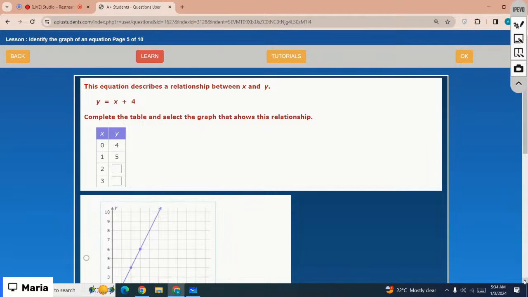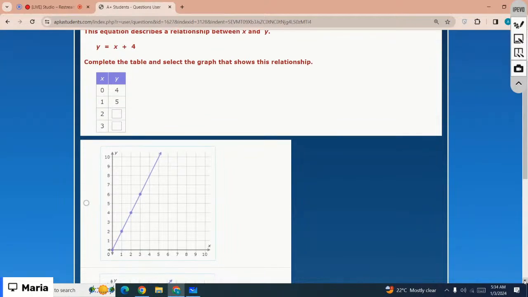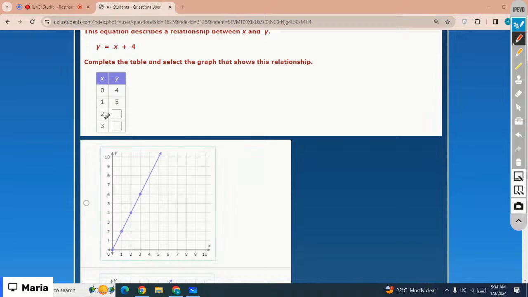Okay, let's just complete the table. The equation is y equals x plus 4. So, when x is 2, 2 plus 4 is 6. When x is 3, 4 plus 3 is 7. Just match these values with the graph, right?